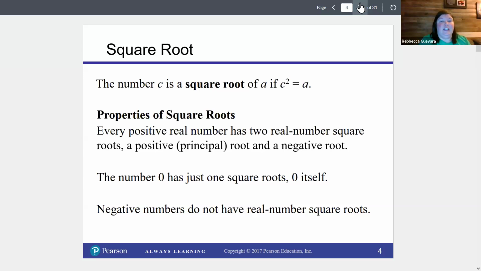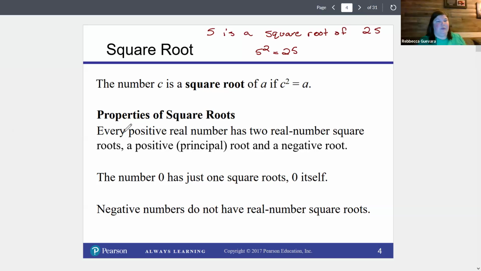More of a definition: a number C is a square root of A if C squared equals A. As we saw before, we were talking about 25. So 5 is a square root of 25 because if I take 5 and I square it, I get 25 back. And like we said, the same thing happens for -5 as well.